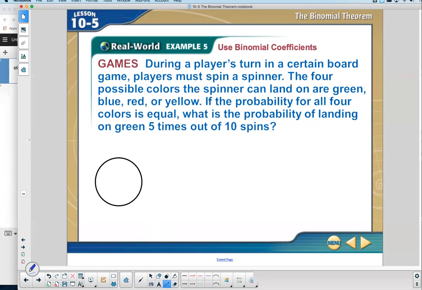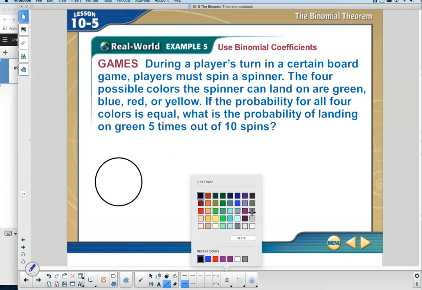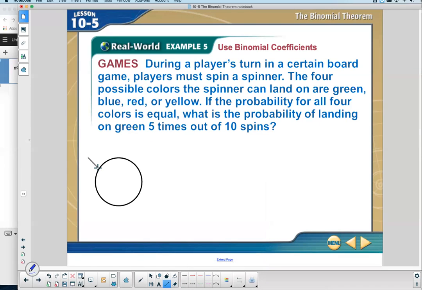If you haven't seen a game show or something like that, they might have some type of spinner, with a little arrow pointing in. And on there are 4 different color sections on this spinner.